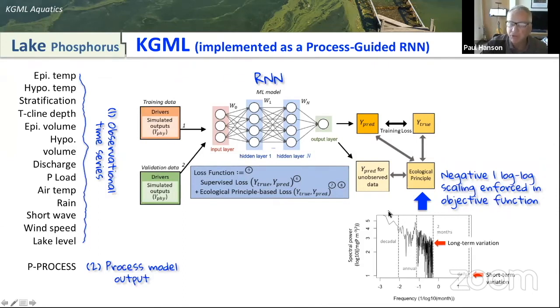It's very common in environmental data that most of the power is in long time scales and there's less power in short time scales. This power distribution is then enforced within this modeling paradigm to make sure the predictions from the neural network create a power distribution that's pretty similar to what we have in the observational data.